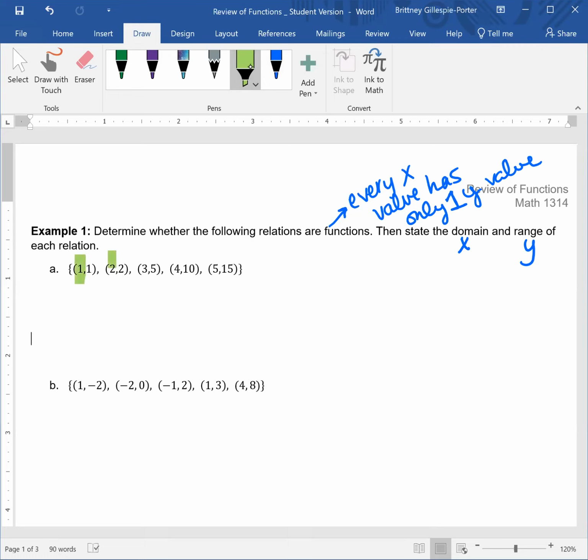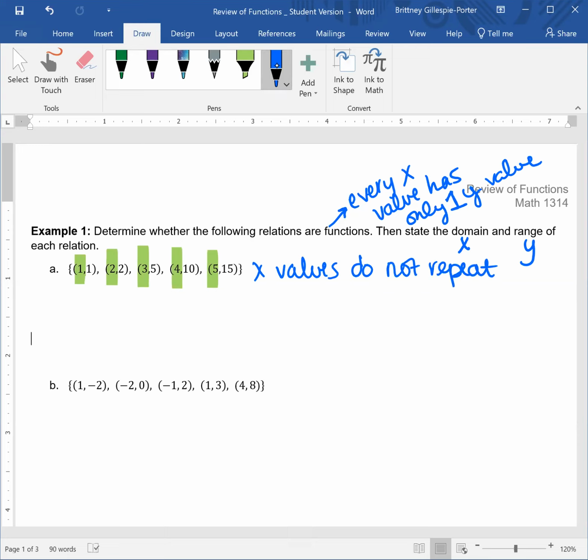We have a 1, 2, 3, 4, 5. Our x values do not repeat. And if our x values do not repeat, that means that each x has only one y.